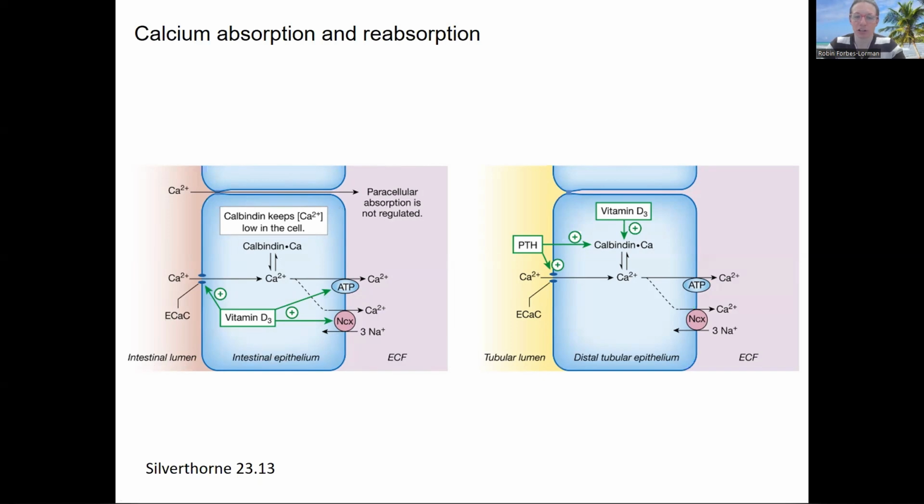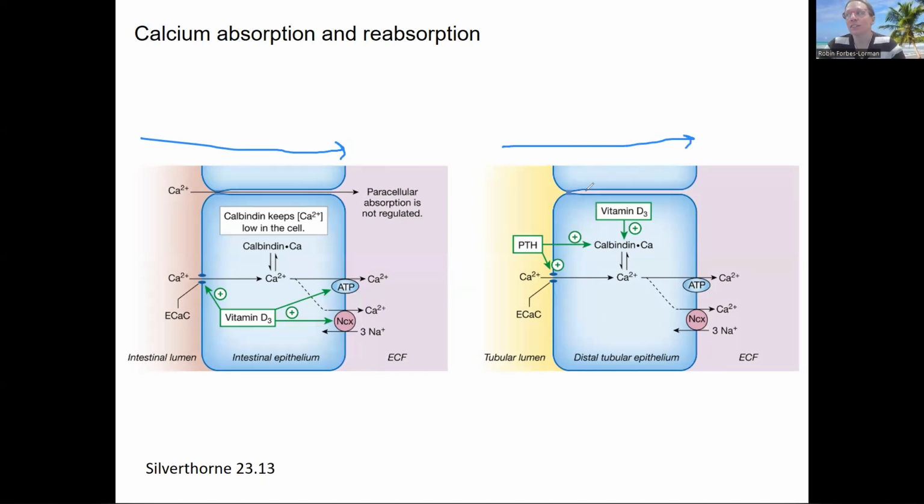So basically we're absorbing. We're going that way. So that's absorption. Reabsorption in the kidney is going to be the same direction here. So here's the filtrate in the tubular lumen, your epithelial cells of the distal convoluted tubule, and ECF, which eventually would have a peritubular capillary over here. So we're going that way for reabsorption.